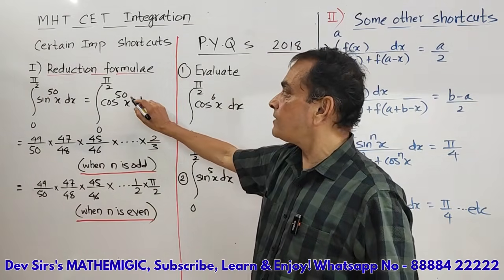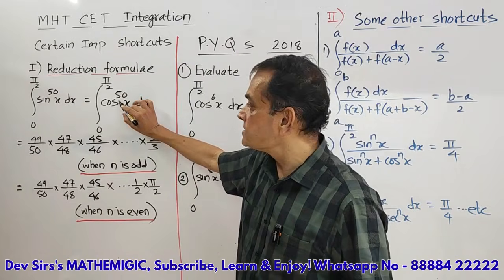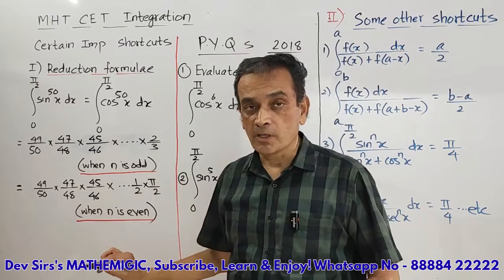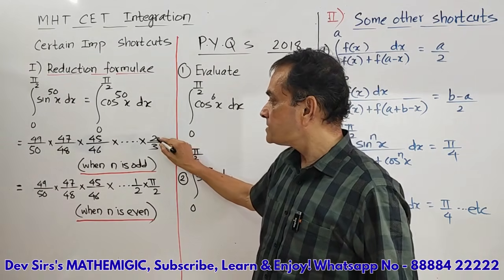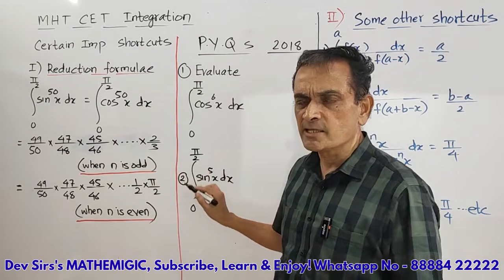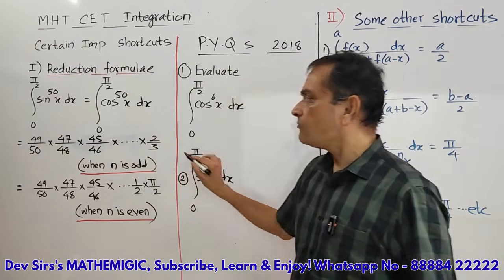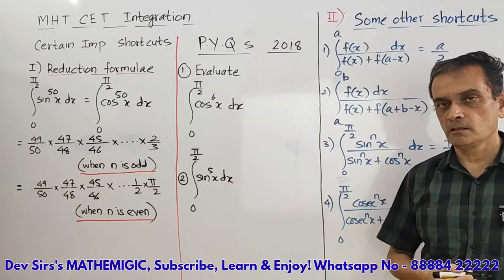That is the reason that it is called as reduction formula. So this is an even number, but instead of 50 if you get 49, odd number, then the last number is 2 by 3. देखेंगे कैसा 2 by 3 आता है वो. So multiply and whatever answer you get is your answer.